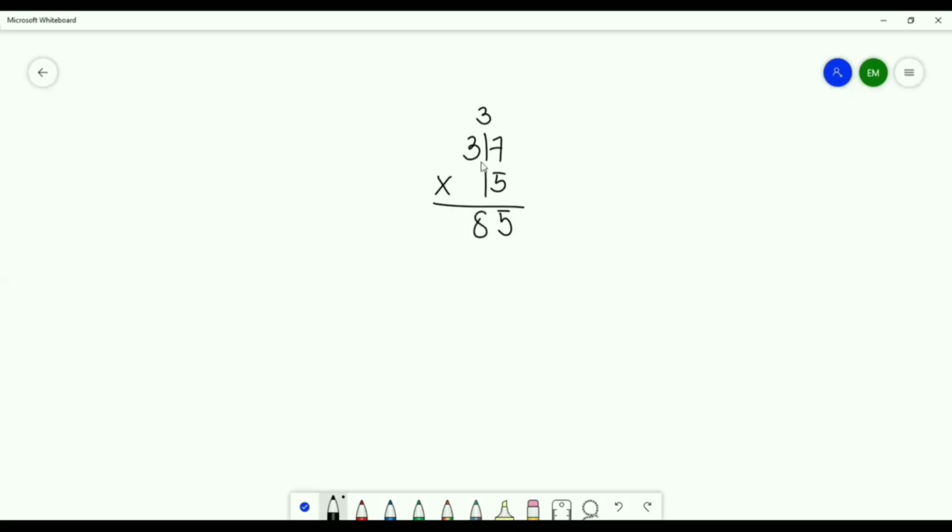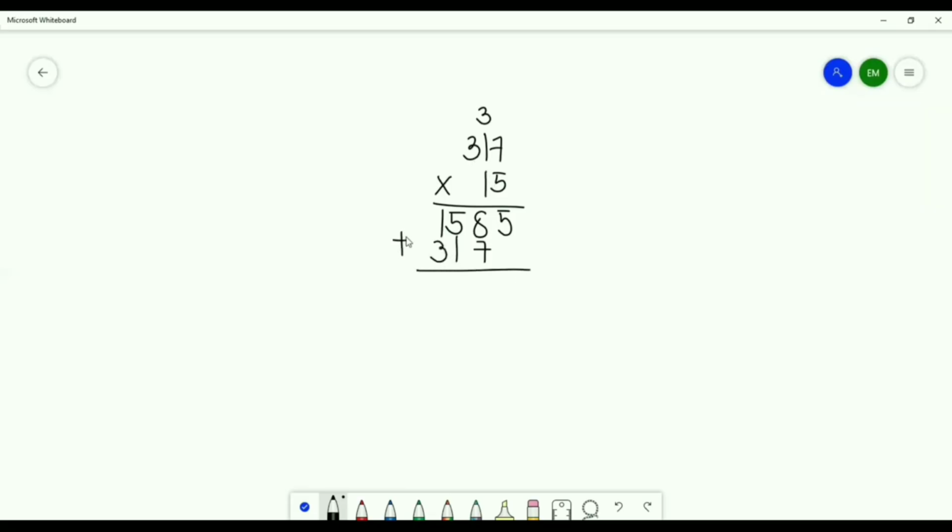Next, 5 times 3 is equal to 15. 1 times 7 is equal to 7. We write here in the tens place. 1 times 1 is equal to 1. And 1 times 3 is equal to 3.